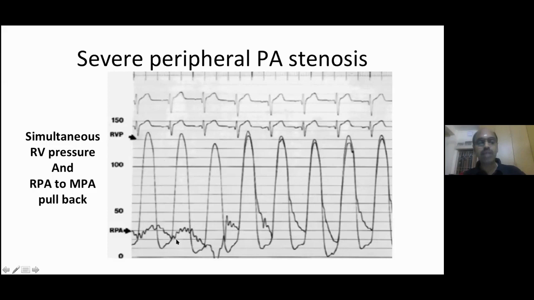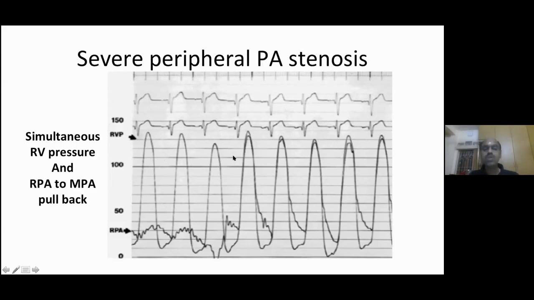The right pulmonary artery pressure is hardly 30 to 35 millimeters of mercury systolic, and when you pull back from the RPA to the main pulmonary artery, it shoots to a very high level of 135, and the main pulmonary artery diastolic pressure is very low, going to 20 millimeters of mercury. So the pulmonary artery pressure proximal to the bilateral peripheral pulmonary artery stenosis is also ventricularized, like severe pulmonary regurgitation.